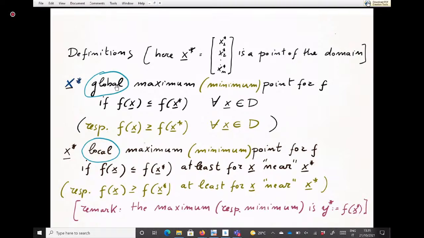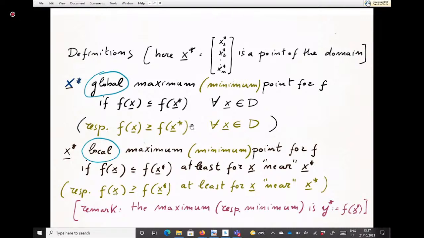Now, what is the difference between global and local? I want to be clear here. I will focus on global, not on local, because in 95% of the examples, you will have global maximum points, global minimum points. The problem will be finding them, but you will be sure that these are the global maximum point or the global minimum point.